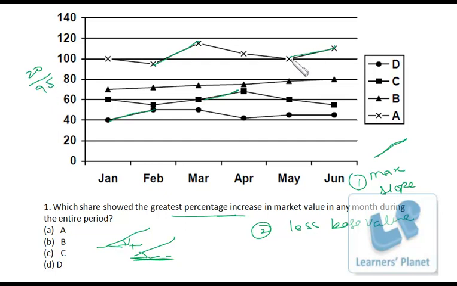Here the increase is 100 to 110, so 10 over 100. And here the increase is from 40 to 50, so the increase is 10 over 40. And in this case the increase is from 60 to, we can say, 70. So that will be 10 on 60. Now we have these four figures.